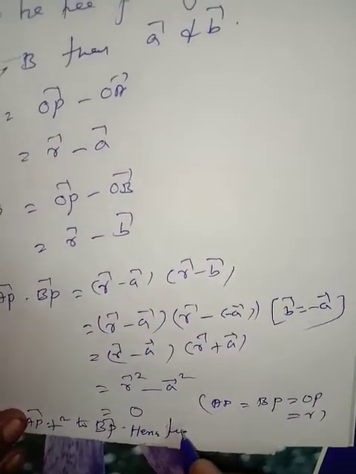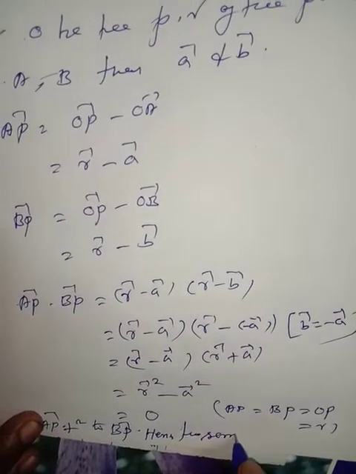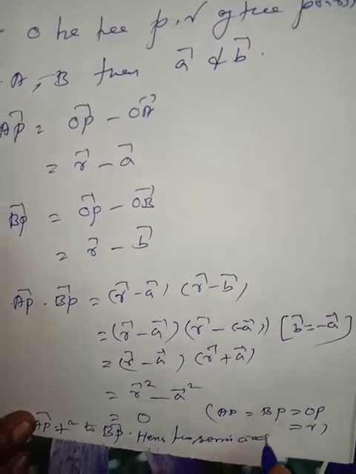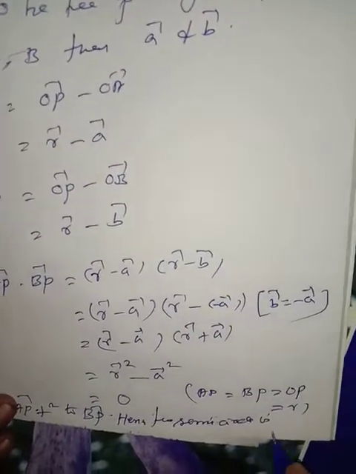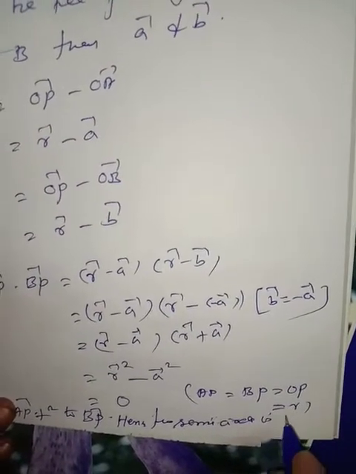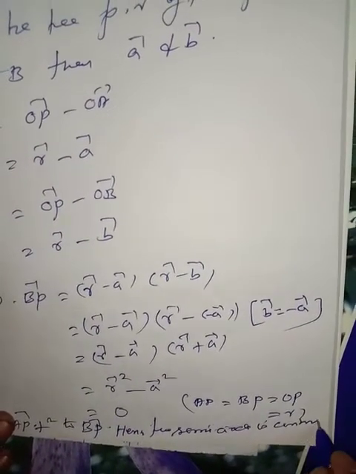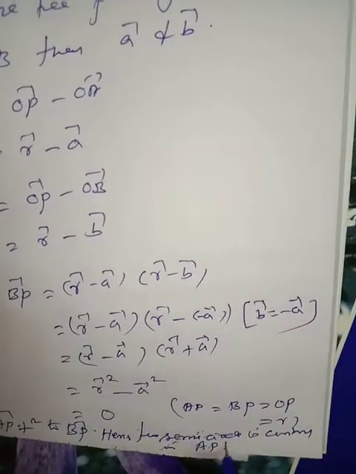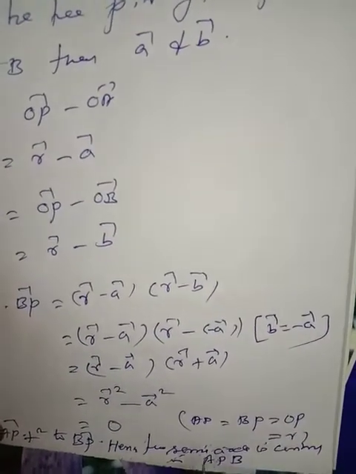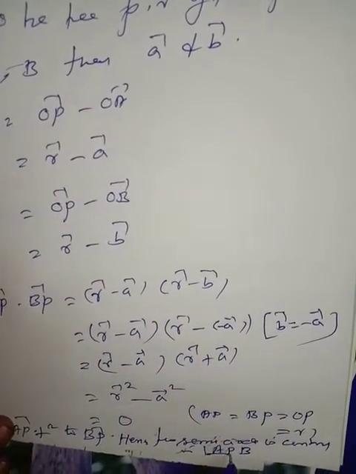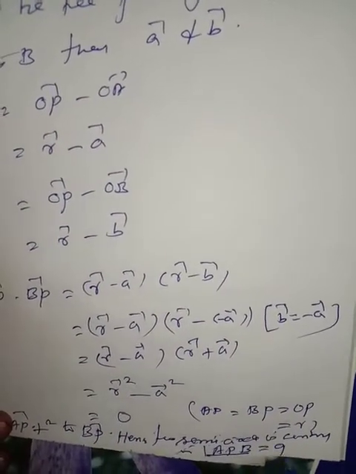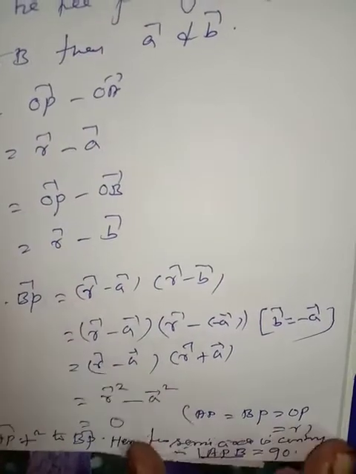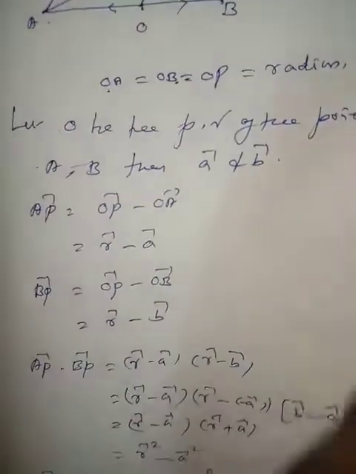Angle APB is equal to 90 degrees. Therefore, it is a right angle.